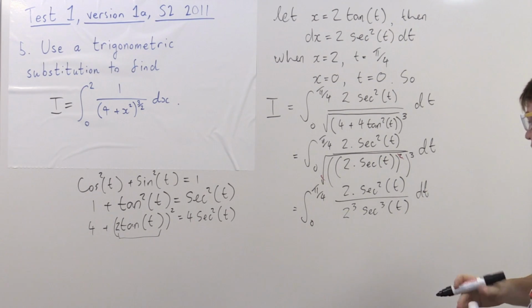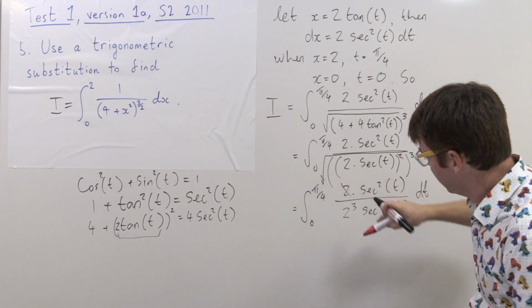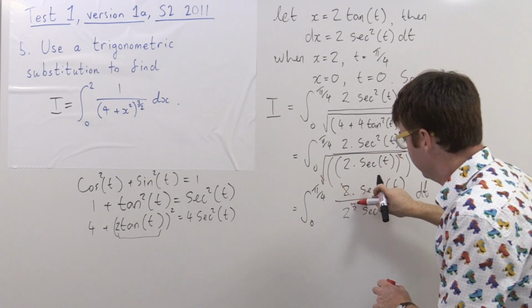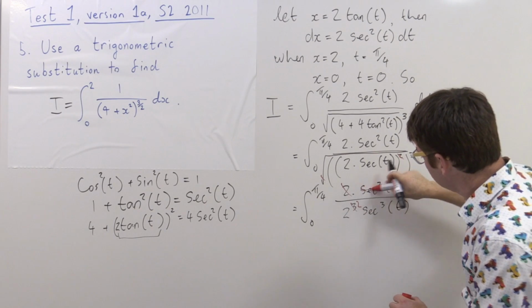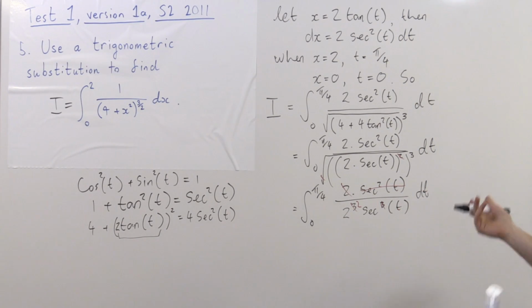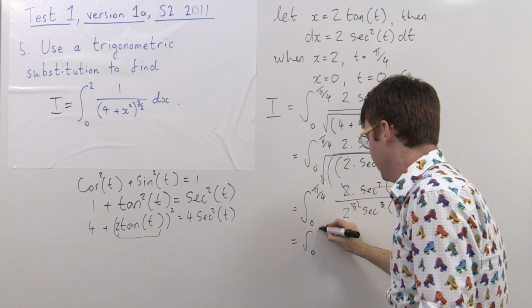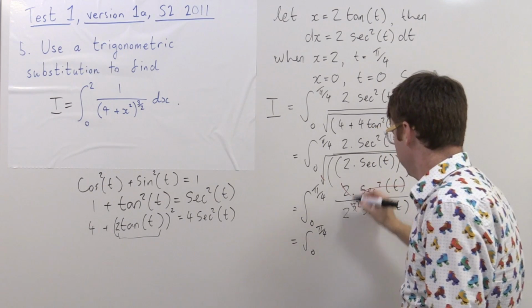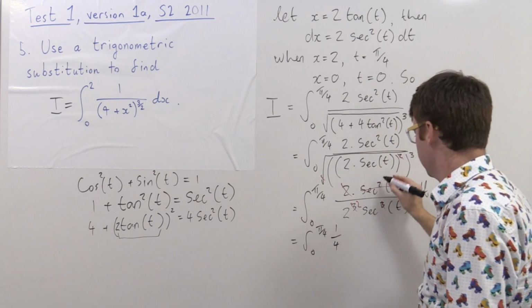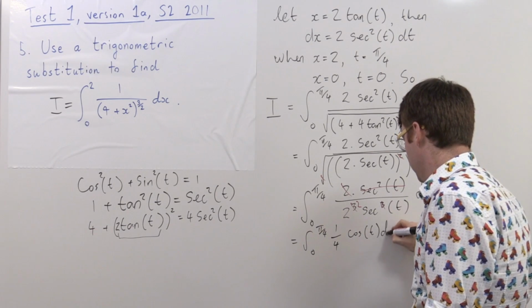And fortunately, lots of other stuff cancels as well. That 2 will cancel with 2 of those, so I get left with that's a squared. Most of those cancel with most of those, and I get left with an integral I could do. 0 to pi on 4 of 1/4, and this is 1 on sec, which is just cos t dt.